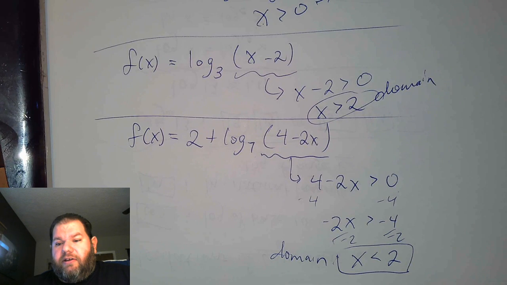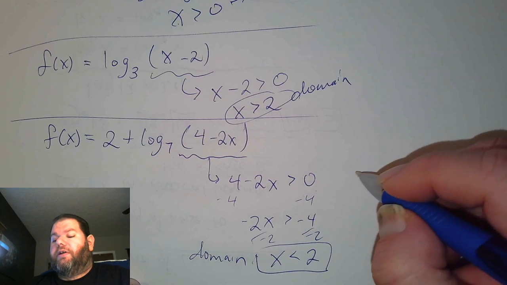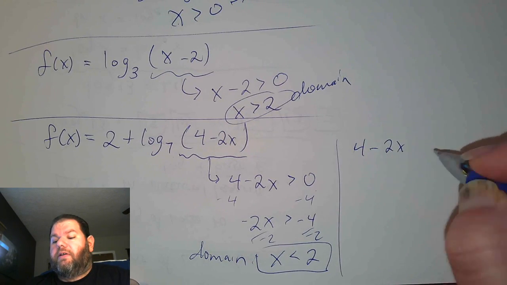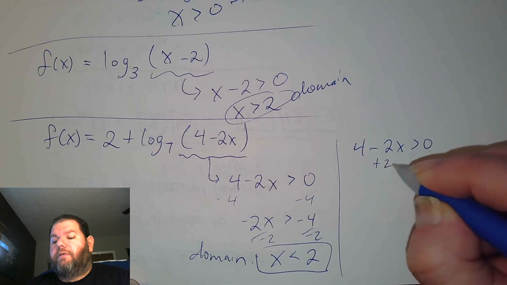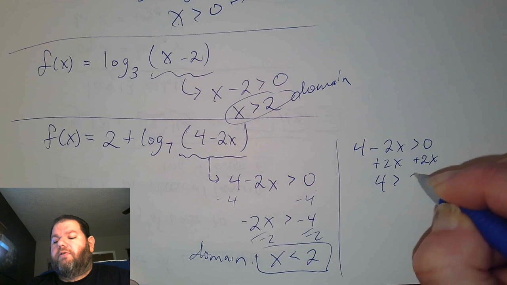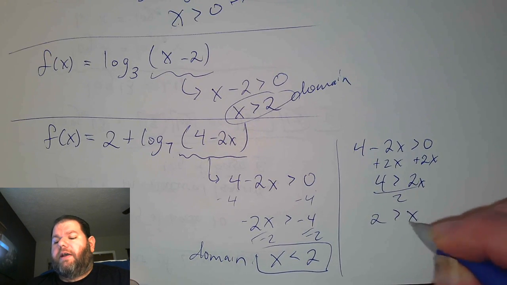It sounds like you did. Well, if you divided by a positive 2, you don't have to change the sign. It's only because we divide by a negative. So if we take 4 minus 2x greater than 0 and add the 2x instead, 4 is greater than 2x, we divide by 2, so 2 is greater than x.